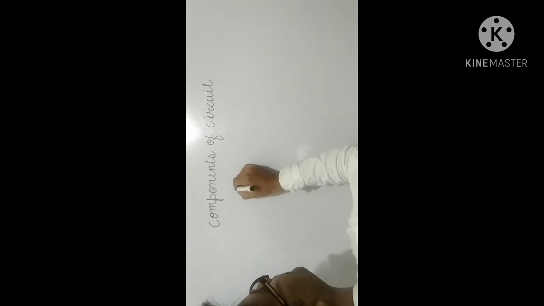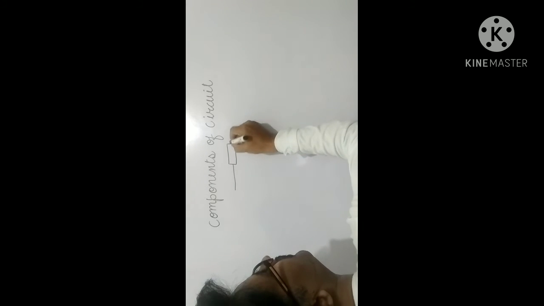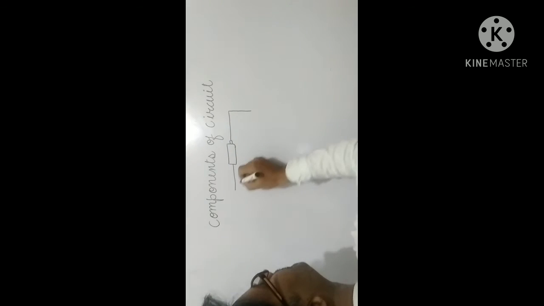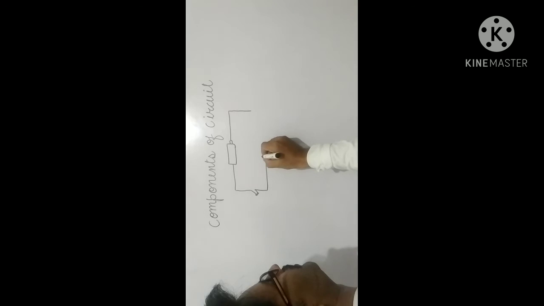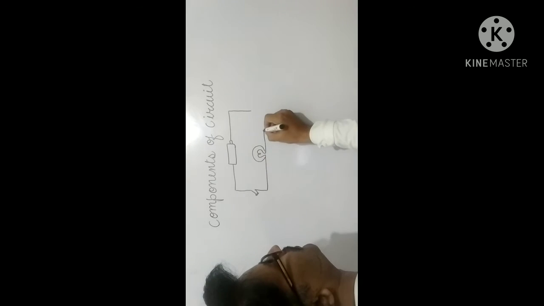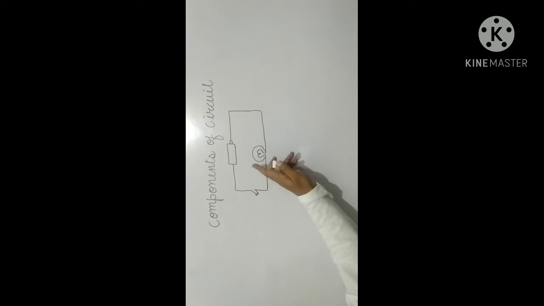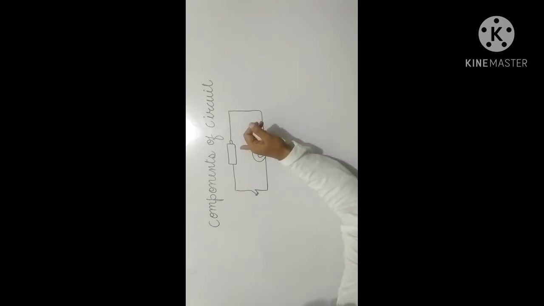One is the battery or electric cell. An electric cell is the source of electrical energy in a circuit. Two or more cells may be connected to form a battery. The combination of two or more cells is known as the battery.